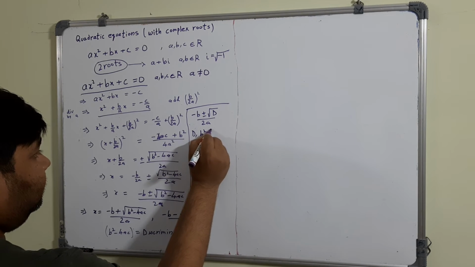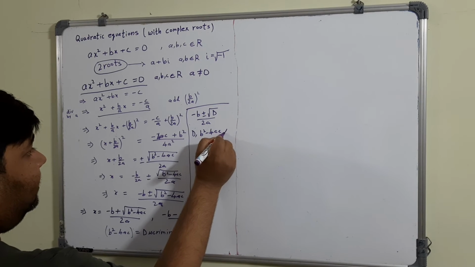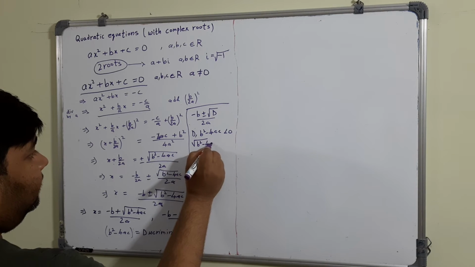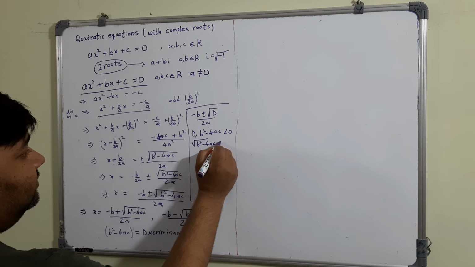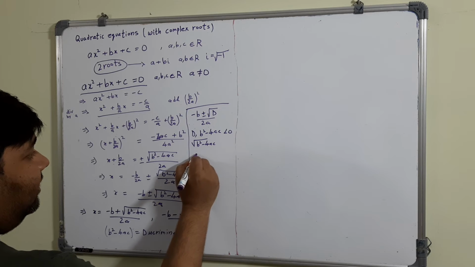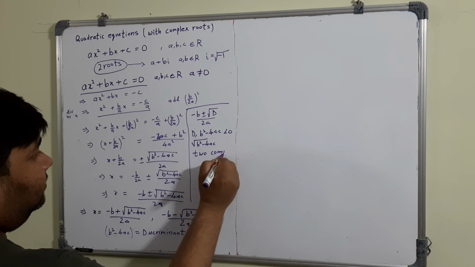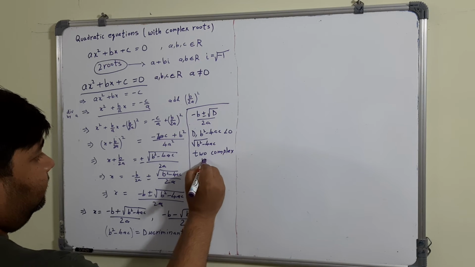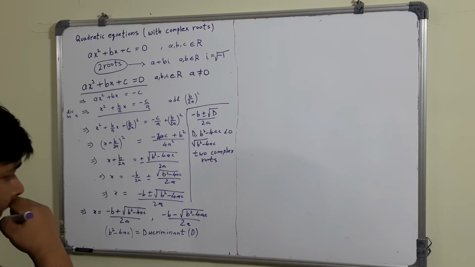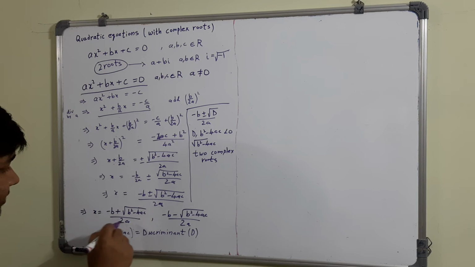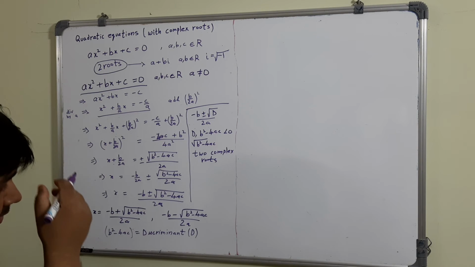So when this discriminant b square minus 4ac is less than 0, something negative under the root is complex. When b square minus 4ac is less than 0, both roots will be complex.